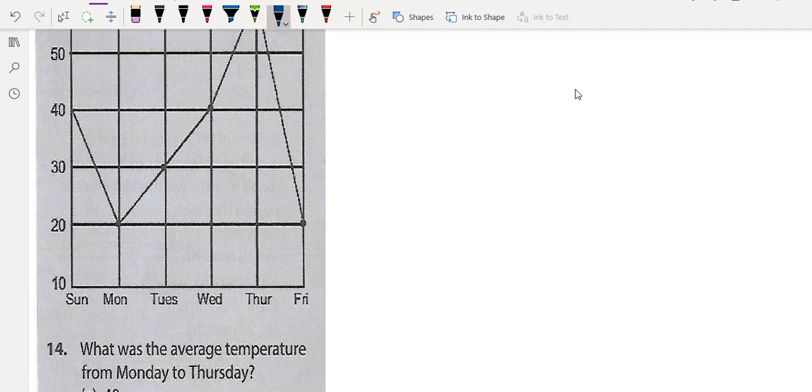X. If this is your graph, what axis is this? This is x-axis. Please think before you answer a question. X-axis, and this is y-axis.